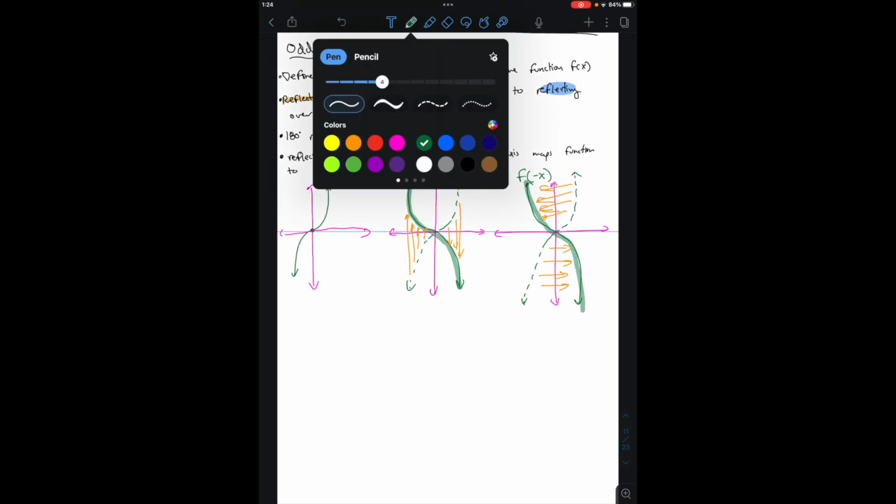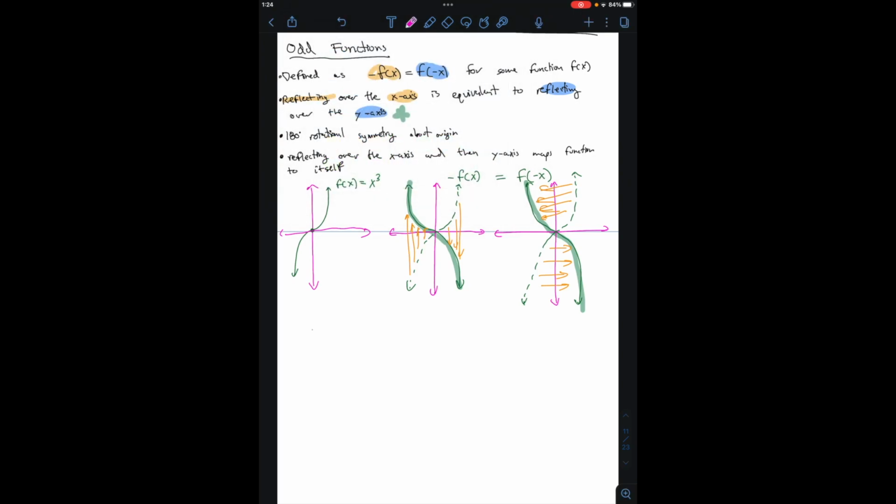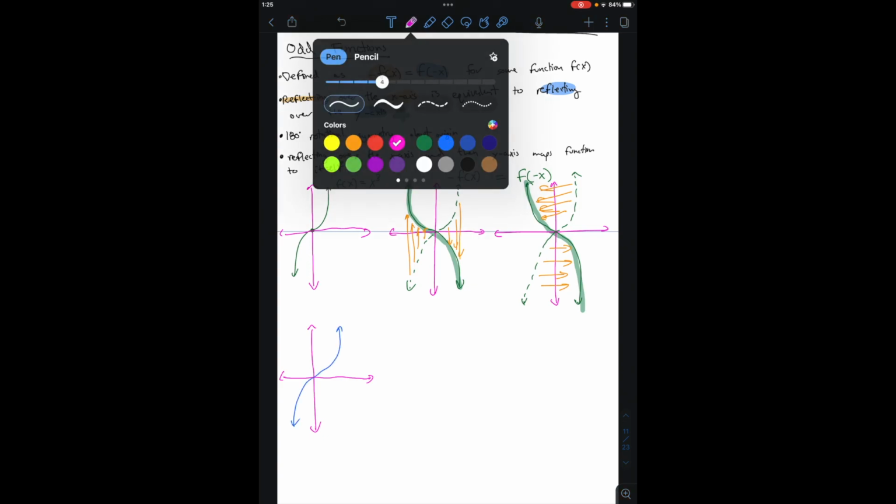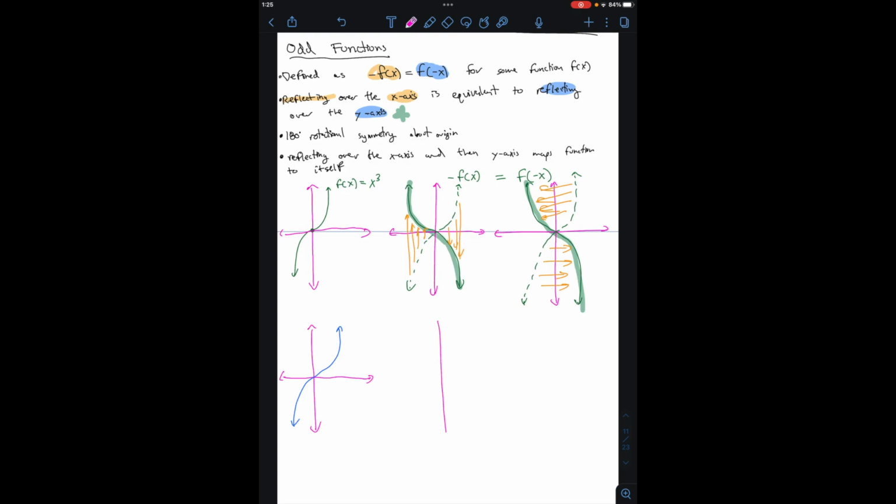Another way we could look at it is our second definition. If I start with, say, this function x cubed. Let's go blue. And then I first reflect it over, let's do it on the same page.